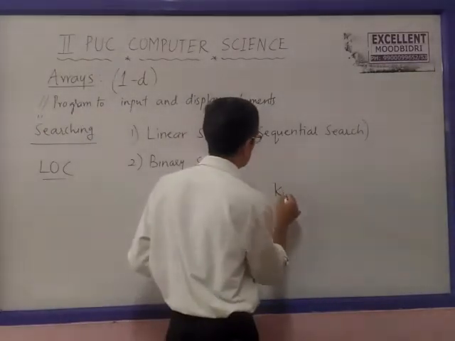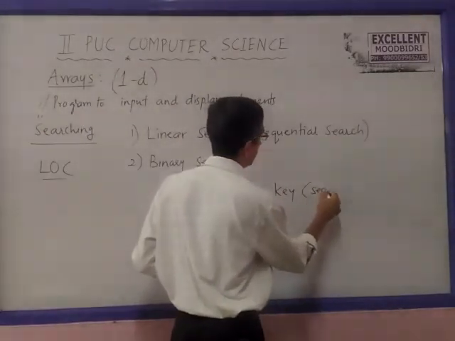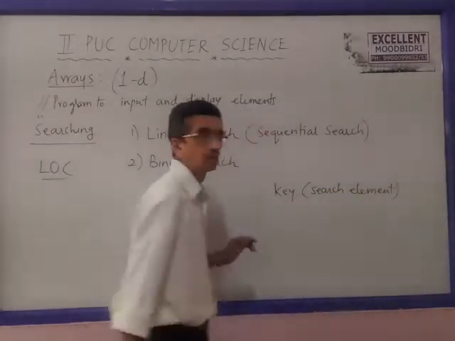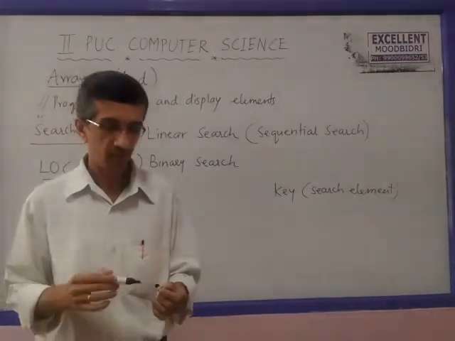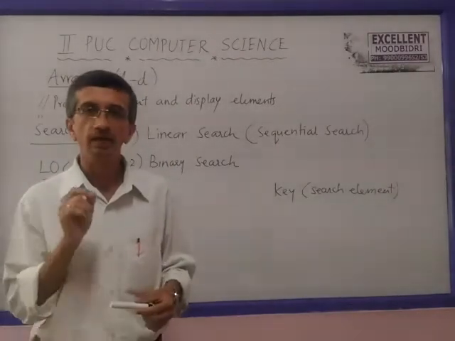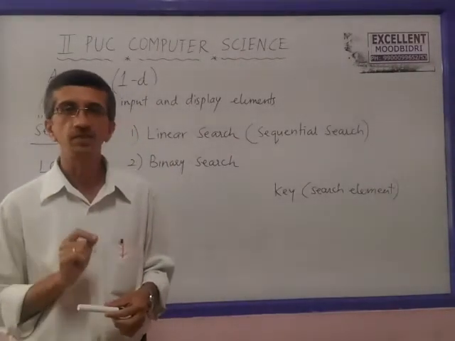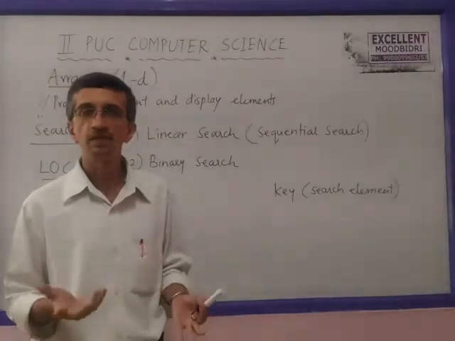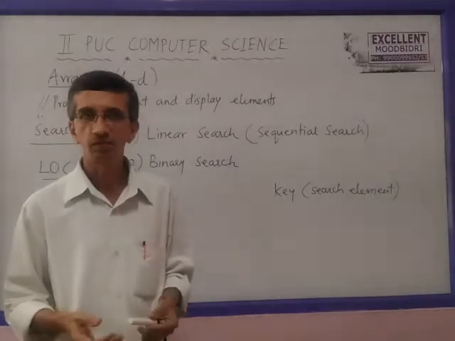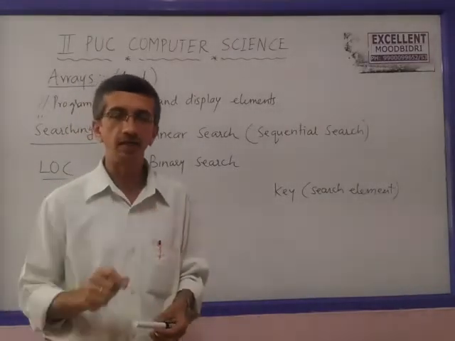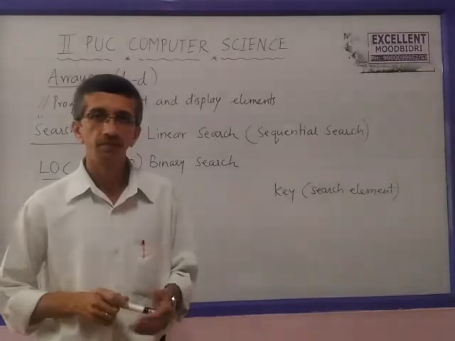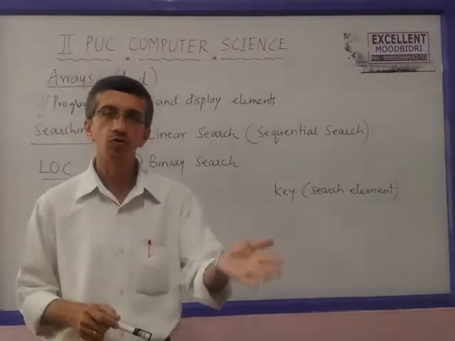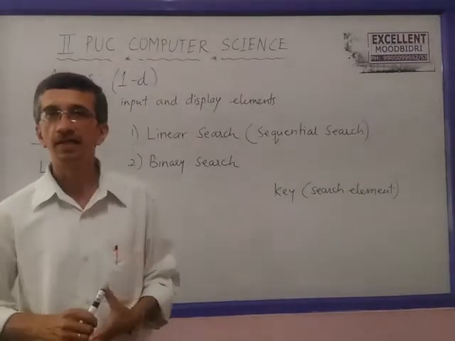The key or search element is compared with every element of the array starting from the first item. It is compared whether it is equal to the first item present in the array. If yes, the search is over, the search is successful. We will display the index of that item, it is 0. If not, compare the item with the second item, third item, and so on until we find the key item.